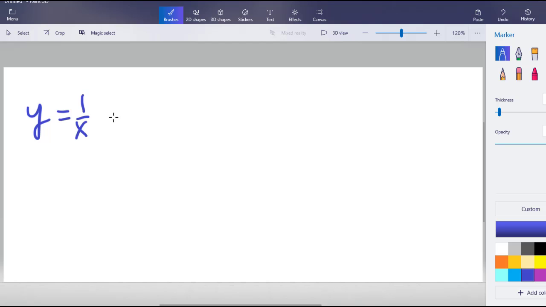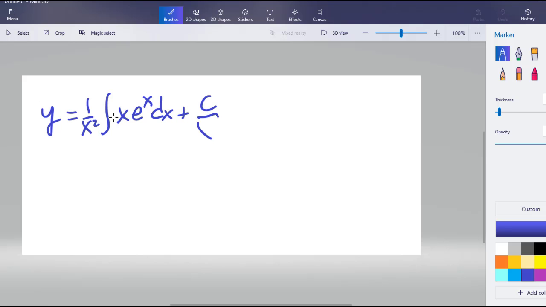So y is equal to 1 over x squared, the integral of x e to the x dx plus c over x squared. The method of integration is going to be integration by parts, because we have a part that we'd rather differentiate and another part that we can integrate.